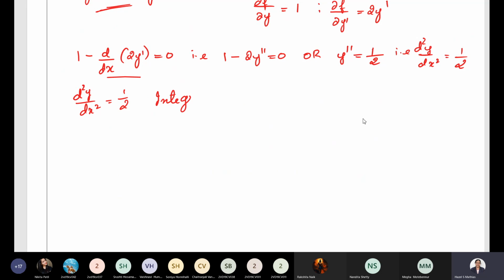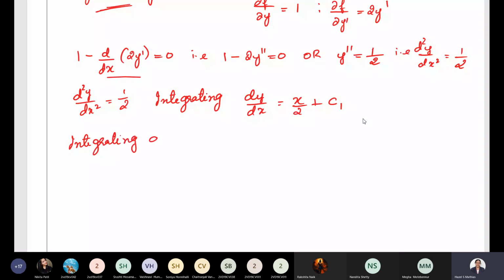Integrating, what do we get? dy by dx is equal to the integration of half, which is x by 2 plus constant c1. Now integrate again.